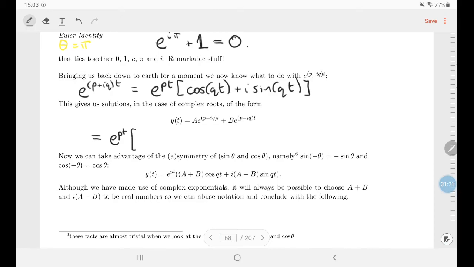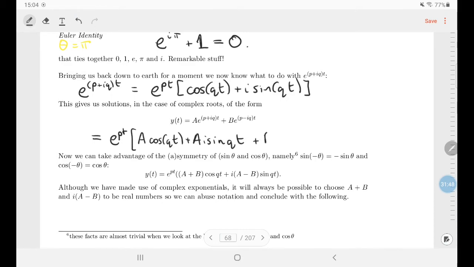So you're going to end up with, let's see, a cos qt plus I sine qt. Is there an a missing there? There should be an a knocking around in here. Plus ai sine qt.